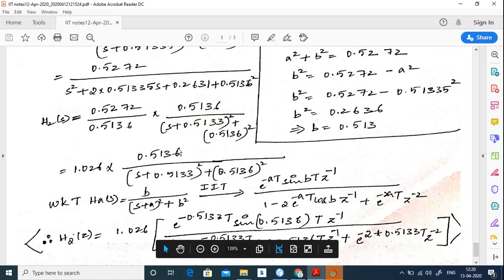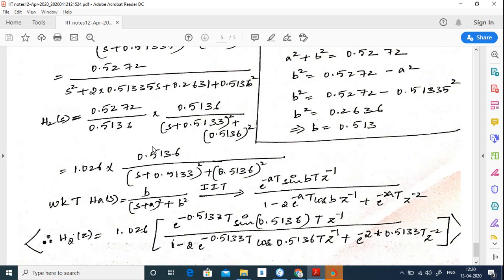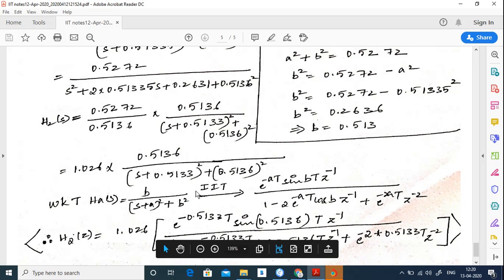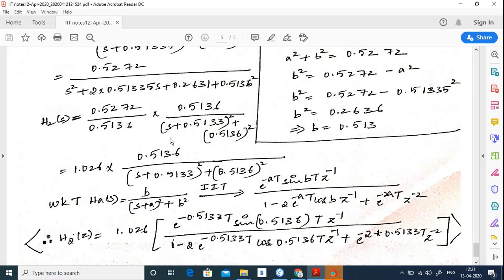And if you observe this, I don't make any change with respect to the denominator, which will be written as it is. So is it in this particular form, the standard form? So here b over (s plus a) whole square plus b square. Now is this b matching with this b? Yes, of course. Right now we have this in standard form. Forget about this constant, we'll keep that as it is.